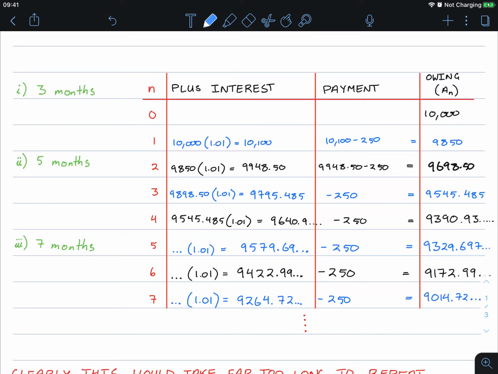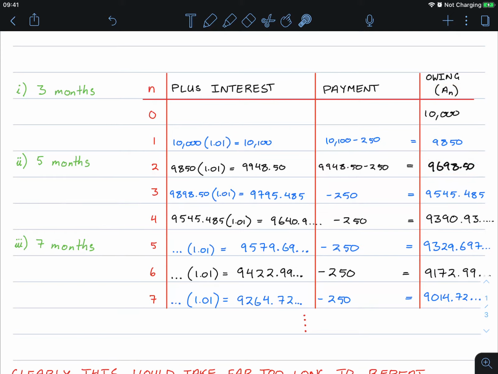Here is the regular repayment where we subtract $250. So the amount we owe after 1 month, A1, is $9,850. This process will repeat. We get charged 1%. We subtract $250, and the amount owing at A2 is this amount here.